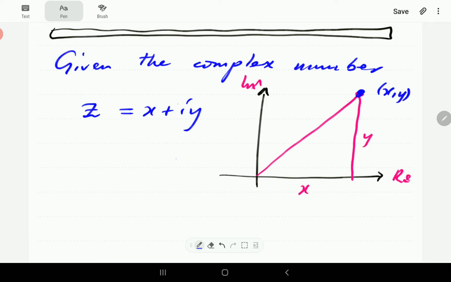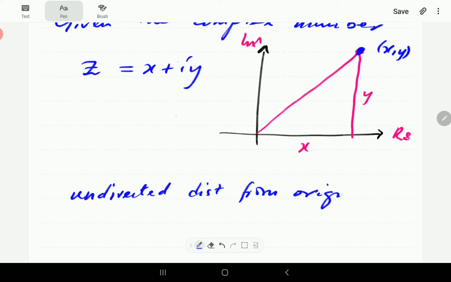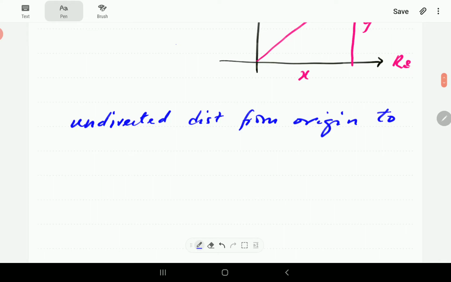Okay, now the undirected distance from the origin to the point xy is actually called the modulus of z.